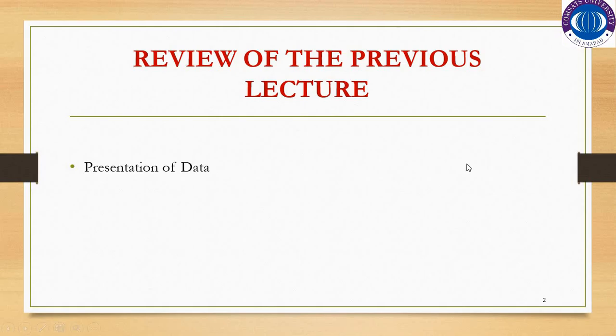In previous lectures, we have discussed presentation of data. In presentation of data, we are concerned about how we would present the data. There are three methods to represent the data. One is the textual method, which is particularly used for the ungrouped representation, stem and leaf plot.